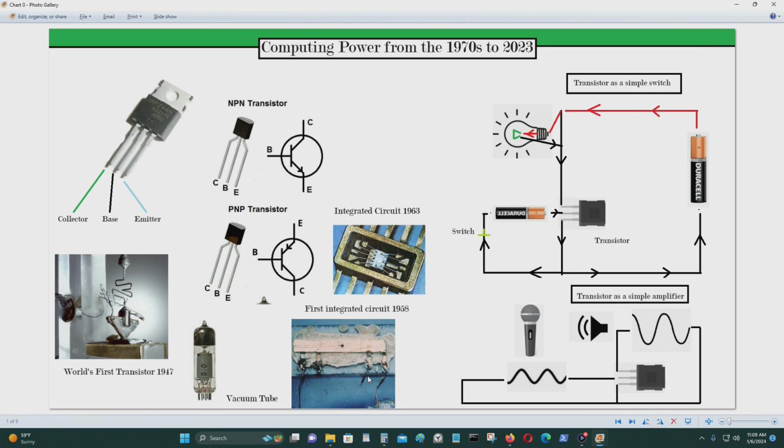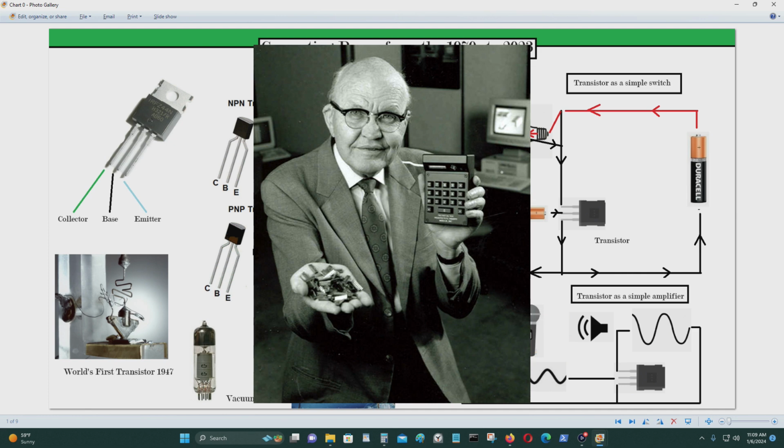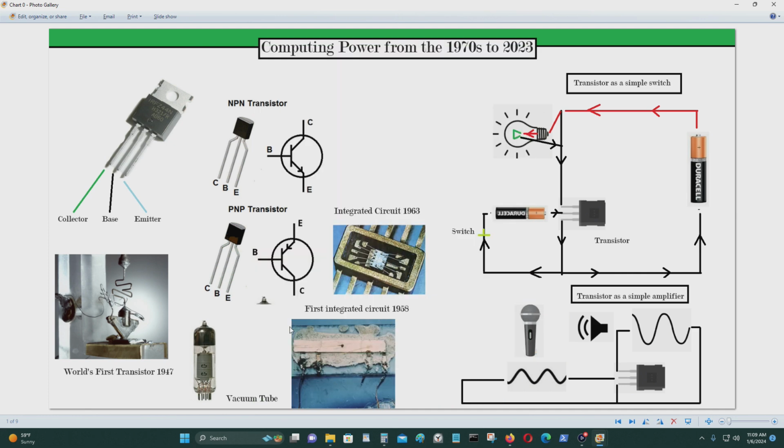And basically, the next stage of development was called the integrated circuit, which was invented in 1958 by a man named Jack Kirby. This is a very crude integrated circuit.